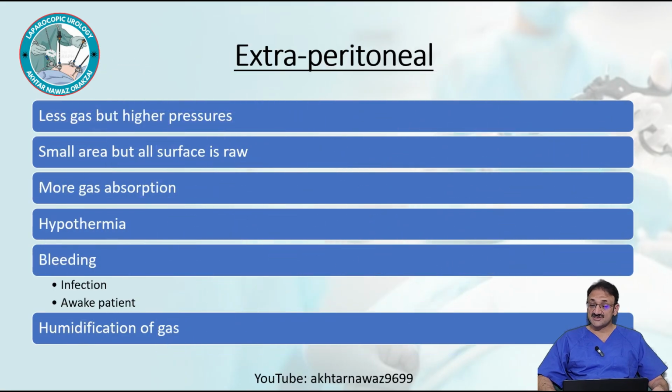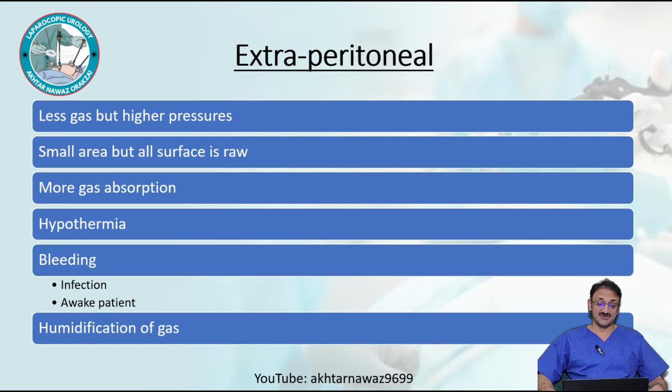So what about the extraperitoneal insufflation? Less gas is required, but the pressure is usually high. So there is a small area, but all of it is raw, so there is more absorption of gas, because higher pressures are created, and more raw surface is absorbing more gas as compared to the transperitoneal.